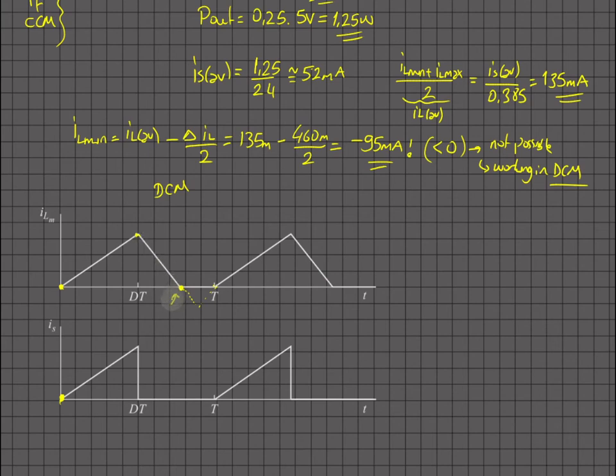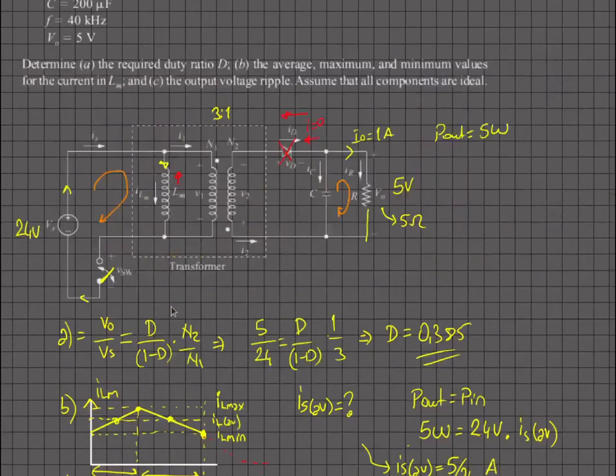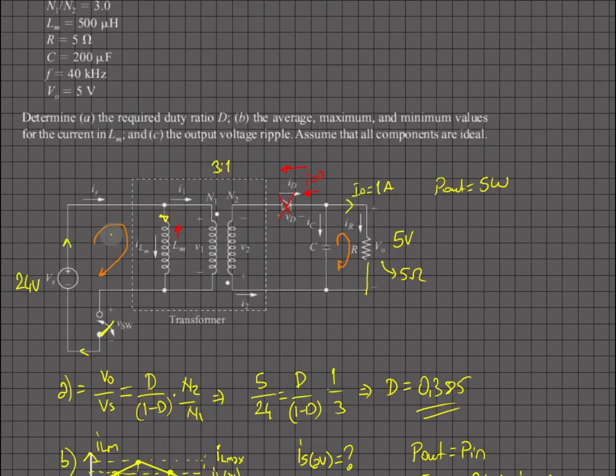So at that point, B core is actually equal to 0. The core is completely demagnetized, and your current in LM reaches 0, and it stays there. During that part, remember in the previous case, whenever we are charging that inductance, the capacitor is supplying the load.